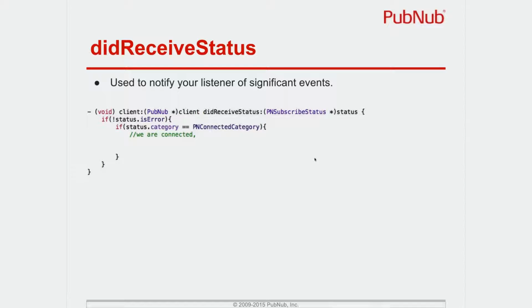You definitely want to implement that method and ensure that you're handling the connected, unconnected, and reconnected category status messages. Here's a very, very small implementation of that. If the status is not an error, then what category of status event am I actually receiving? And then I can do what I need to do as part of my application.